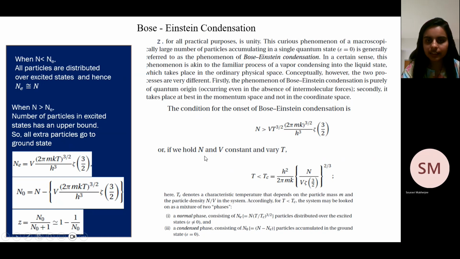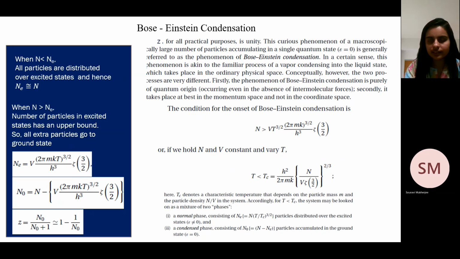Now if you keep N and V constant and vary temperature, this will tell you that below a certain critical temperature, your condensation will start. And as you go towards zero temperature, you will have a large number of particles, or almost all particles, coming to the energy equal to zero state.